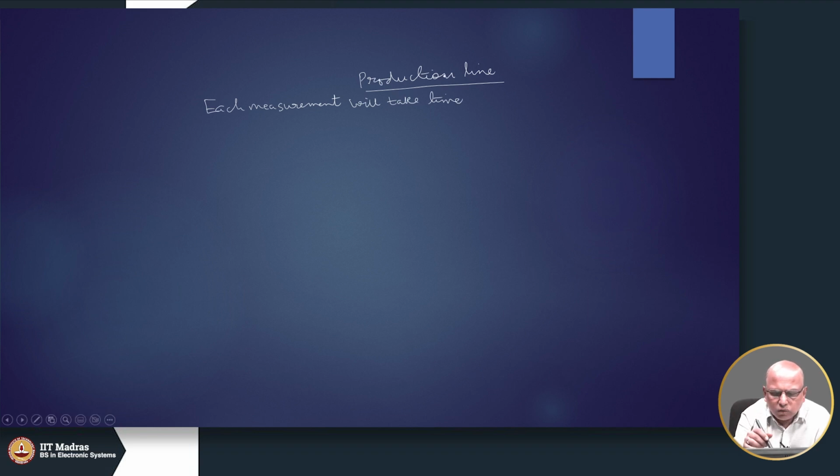So they try to automate things. There are robotic arms which can place the IC in the socket, in the tester socket.